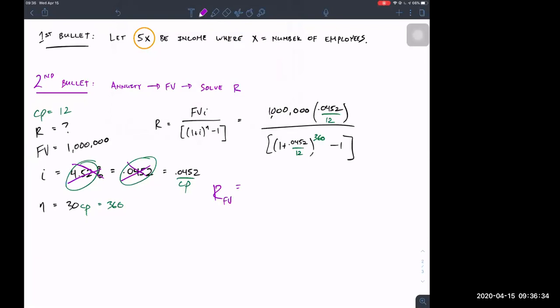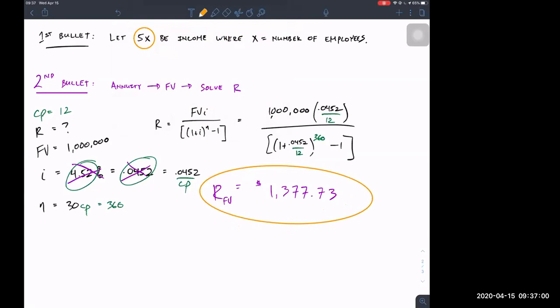This number turns out to be $1,377.73. Okay, so now this is a second component to our model.